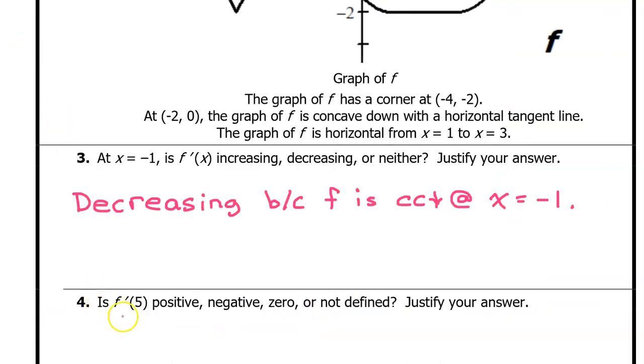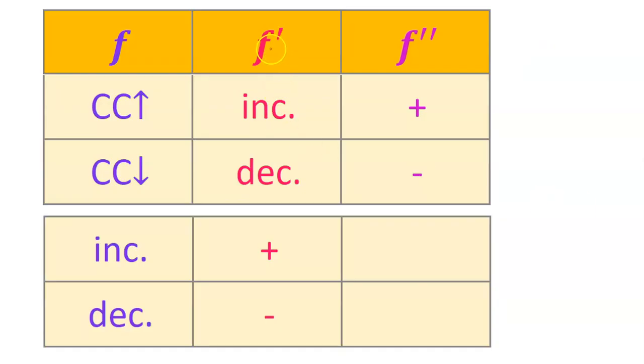Number 4, is f prime at 5 positive, negative, 0, or not defined? So they're asking us about f prime, but somehow we have to base our answer on function f. Let's see, f prime will be positive if f is increasing. F prime will be negative if f is decreasing.